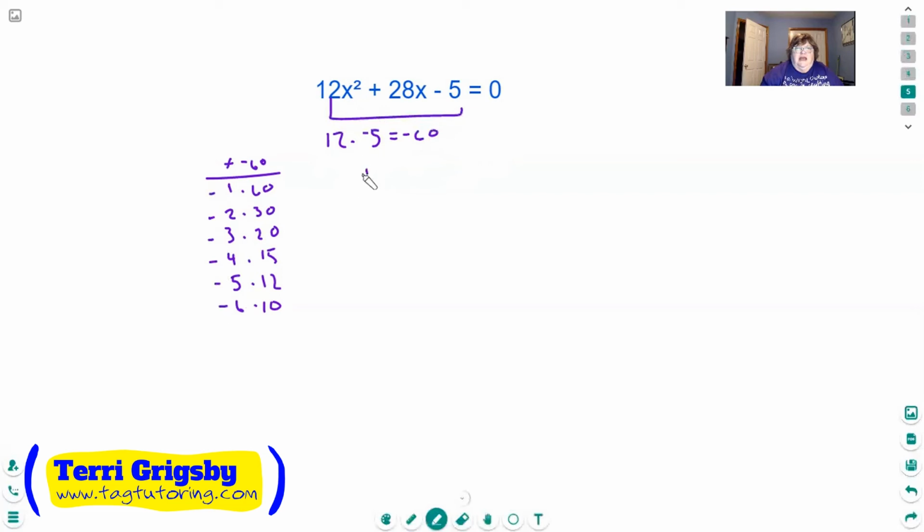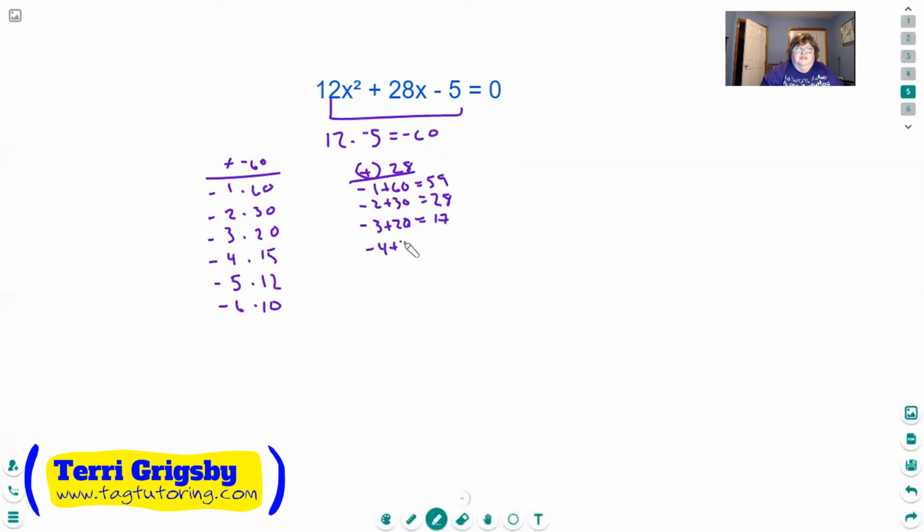And then they've got to add to be that middle term of 28 here. So negative 1 plus 60 would give me 59. That's no good. Negative 2 plus 30 gives me 28. That's no good. Negative 3 plus 20 gives me 17. That's no good.